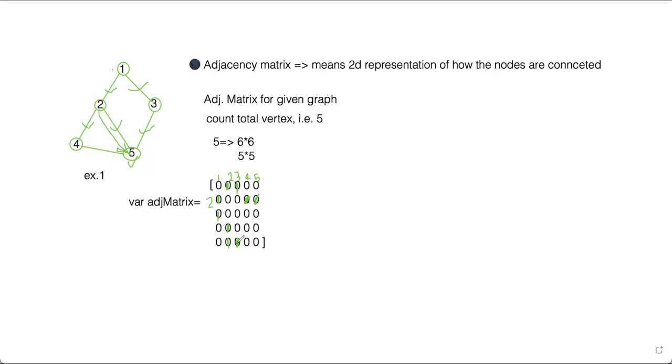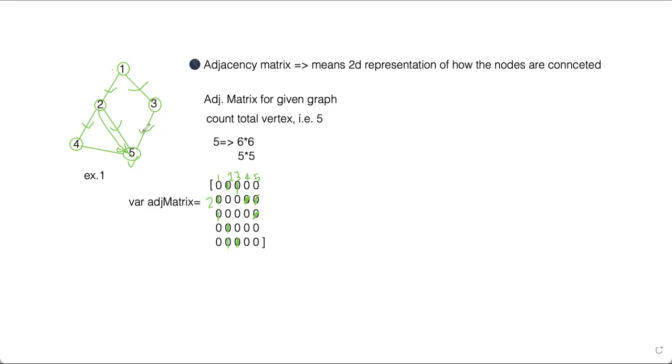So 1 2 3 and 5, this one. So this is third, and this is 5 3. So 3 and 5, and this one was 5 and 3, right?